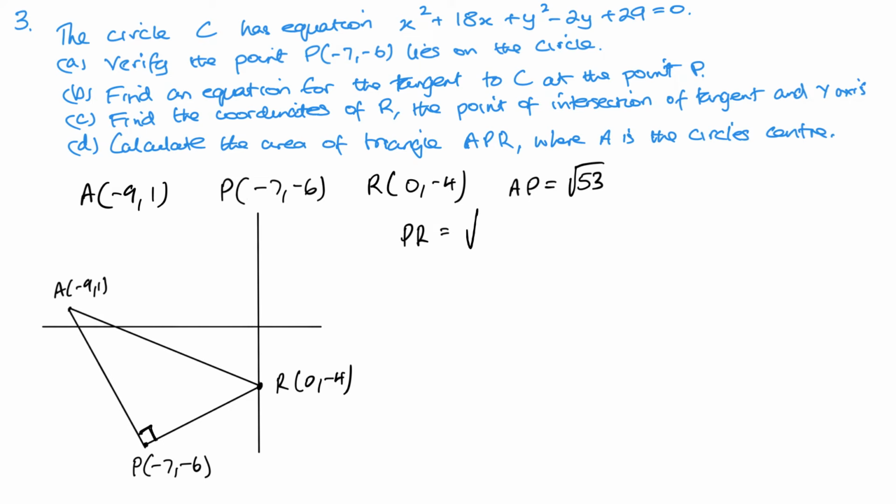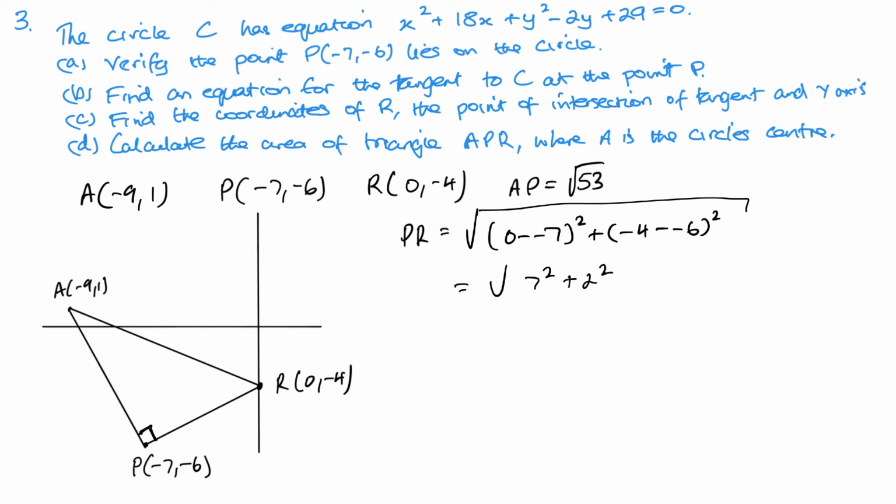So finding PR, we want the square root of the difference in my x's, so 0 minus 7 squared, plus the difference in my y's, minus 4 minus 6 squared. So we're looking at the square root of 7 squared plus 2 squared. And 7 squared plus 2 squared also happens to be root 53.